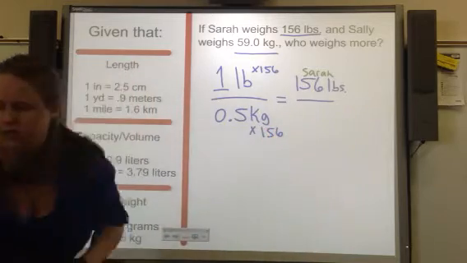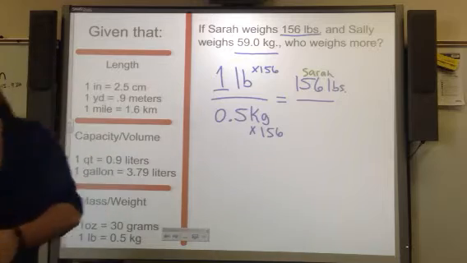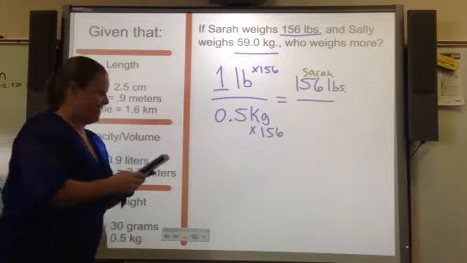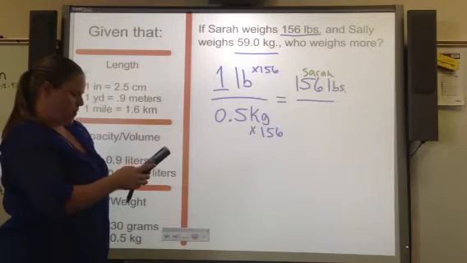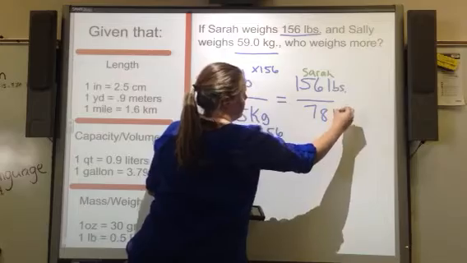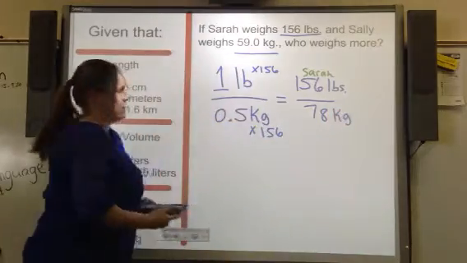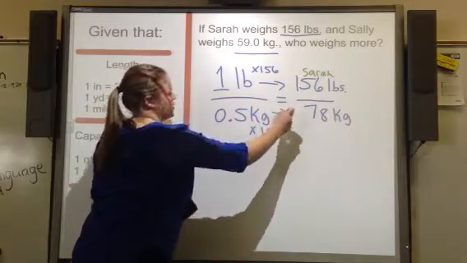Let me get my calculator. This time it'll be 0.5 times 156, and that's going to equal 78 kilograms, because I know that this is kilograms down here. So again, multiplying straight across.